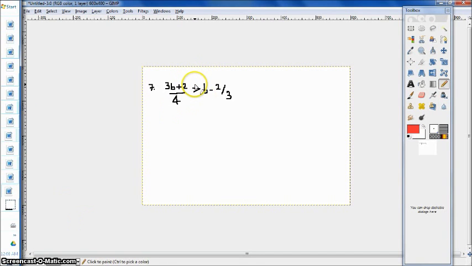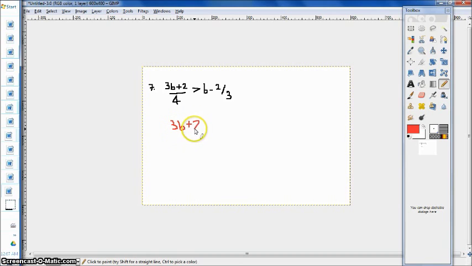Okay, let's look at my final example. This involves denominators, so first we're going to take out these denominators. We have 4 as my first denominator. I'm going to take 4 and bring it to the other side.